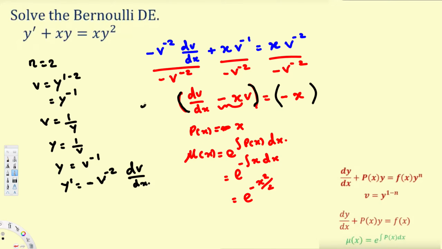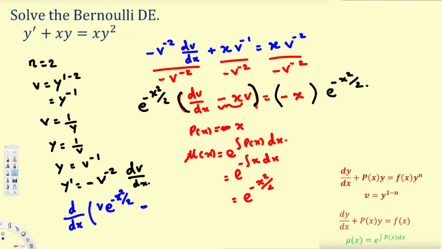So we are going to multiply this side by e^(-x²/2), and this side is also e^(-x²/2). Now after we multiply, we will get this one. The first term is going to be, we take the d/dx this side, and we are going to have v and this combined, that's going to be e^(-x²/2), right?